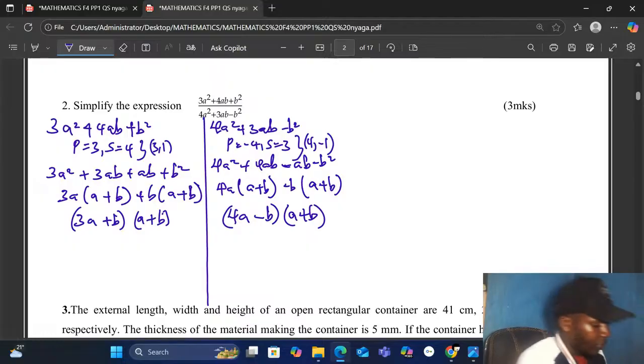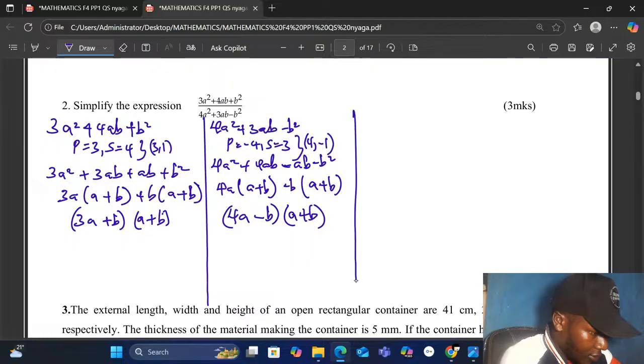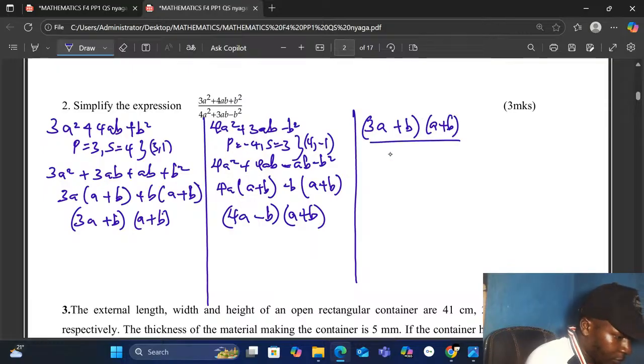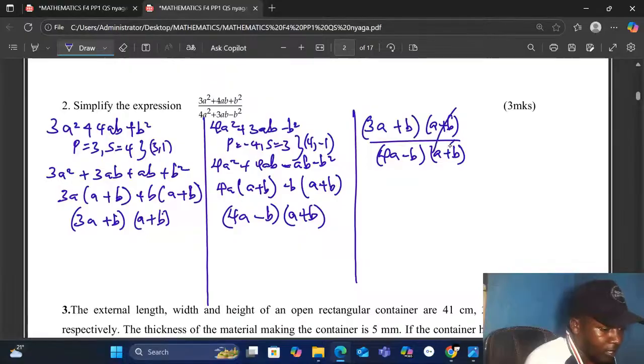Now we combine the two. We take the numerator over the denominator. So the numerator here, we have 3a plus b, then a plus b. Then we divide by 4a minus b, then a plus b. So you can see we have a common factor, which is a plus b, which cancels out.